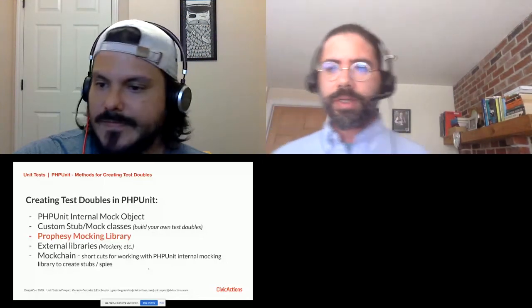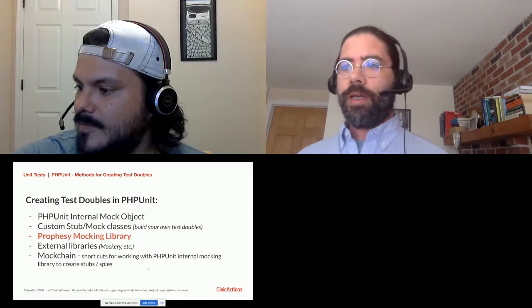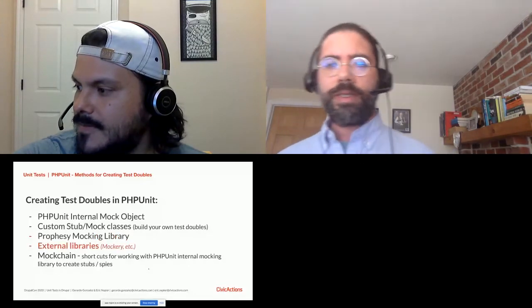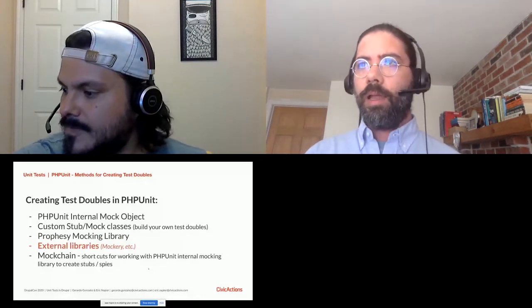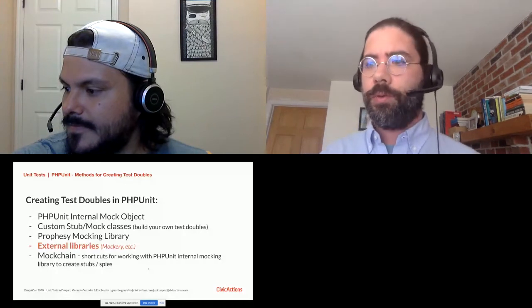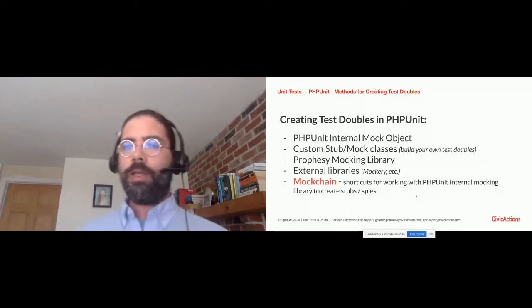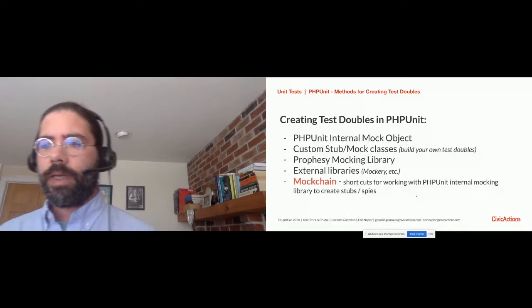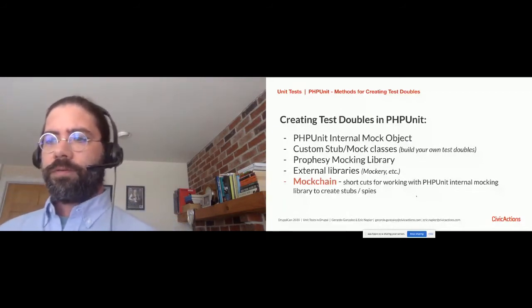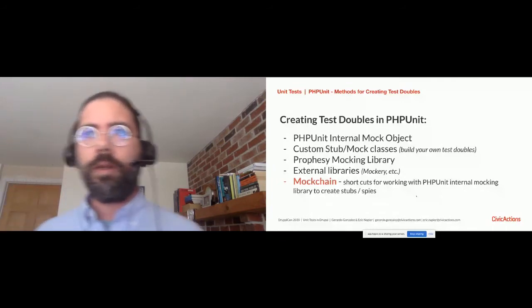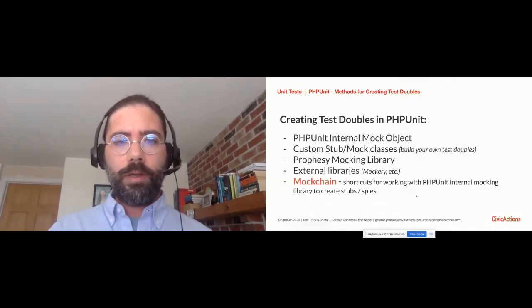Mockery is a really interesting one because it has an object naming scheme that maps really well to TDD. So if you're getting familiar with TDD concepts, this might be something cool to check out. And finally, we'd like to introduce you to the Mockchain library. This is something Gerardo created for DCAN and something we've been using to create shortcuts for PHPUnit's mock objects in our tests. So over to you, Gerardo.